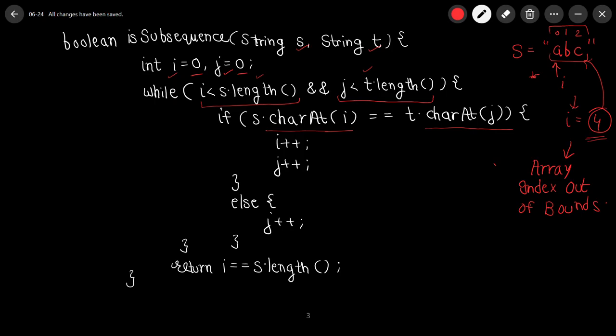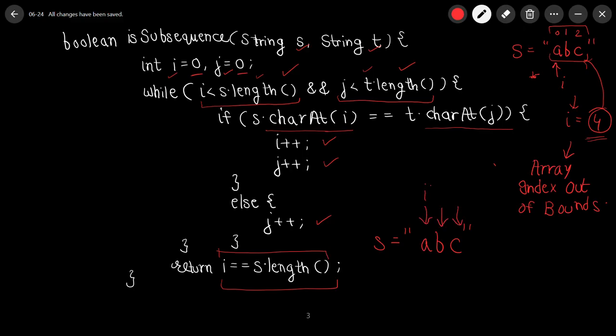So that's why we have written these two conditions. In the if block we check whether both the characters are the same, that is the ith character and the jth character. As discussed, we move both the pointers forward by one position. But if they differ, we just move the j pointer. And as previously discussed, if the i pointer reaches s.length, that means all the characters in s matched with t.